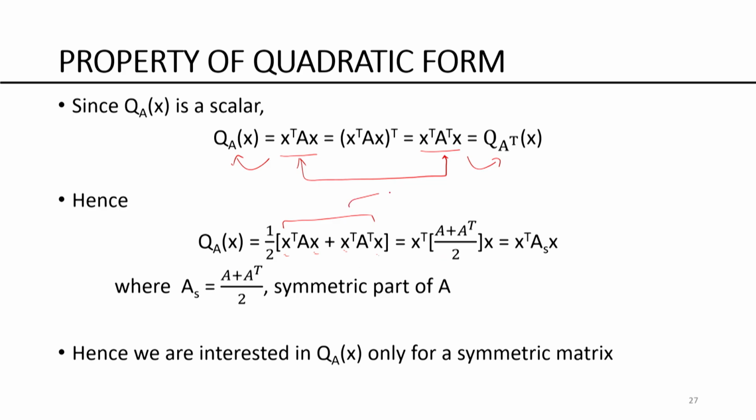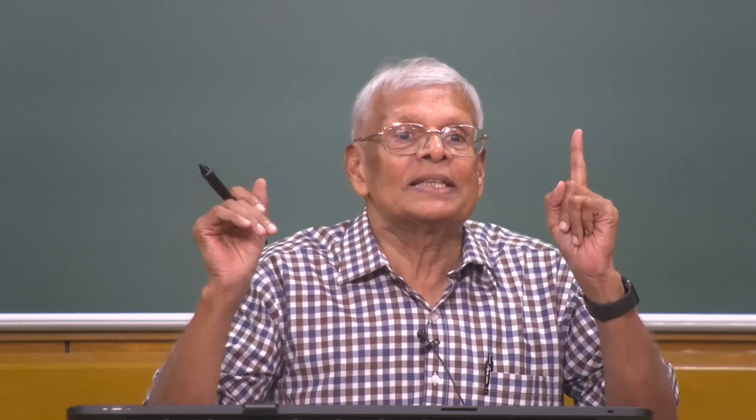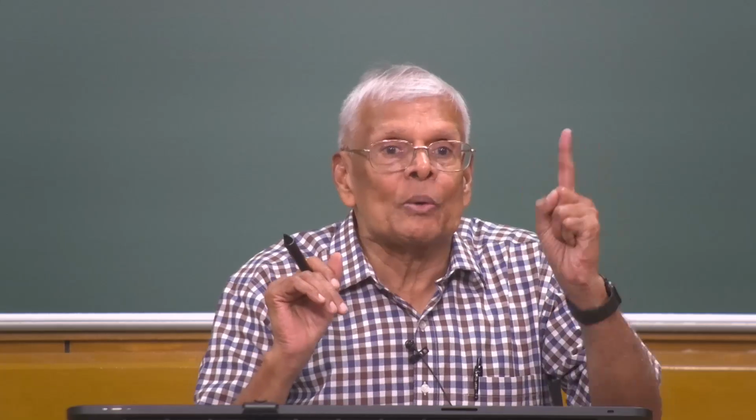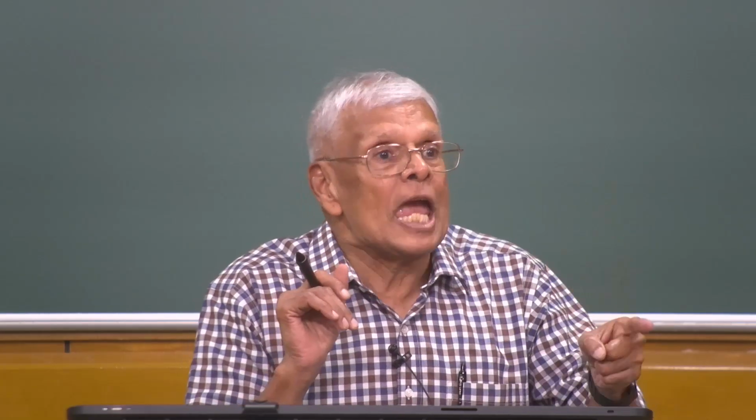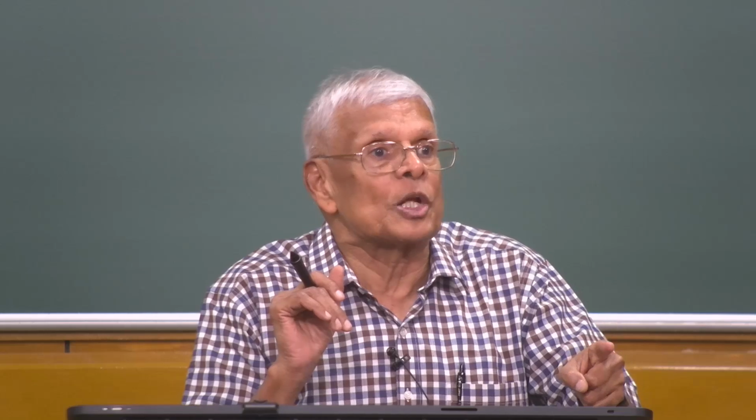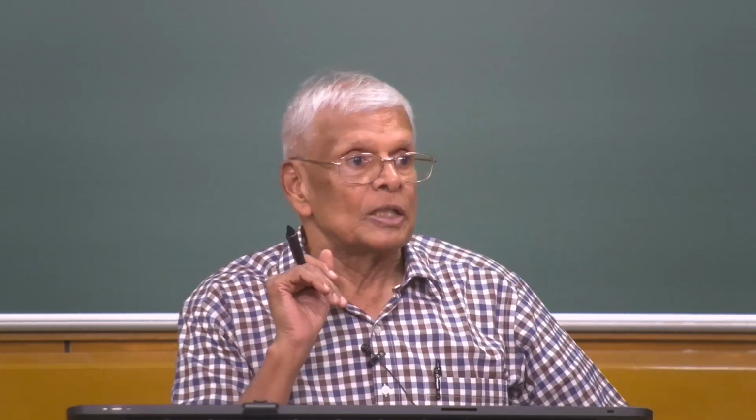I can rewrite this as x transpose times (A plus A transpose) by 2 times X. Everybody? Do you remember a few slides ago I said the symmetric part of A is A plus A transpose by 2? That this is equal to x transpose A_S X. Wow. So what does this tell you? The value of the quadratic function for any matrix is the same as the value of the quadratic function with the symmetric part of the matrix.